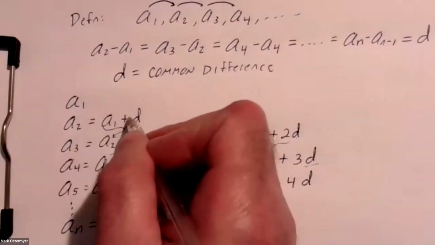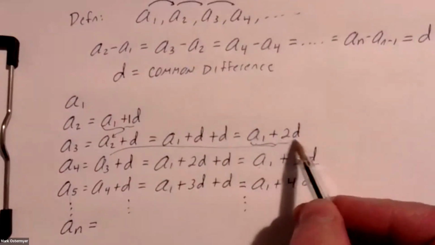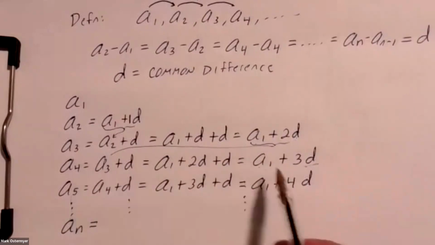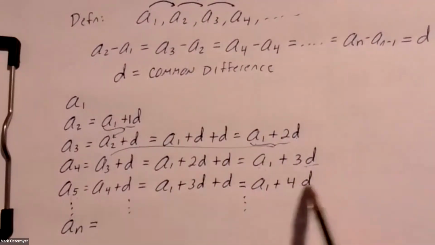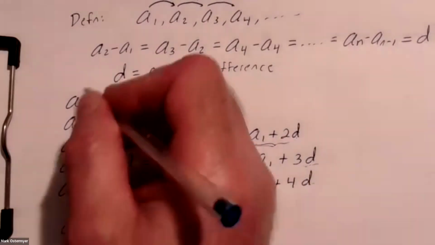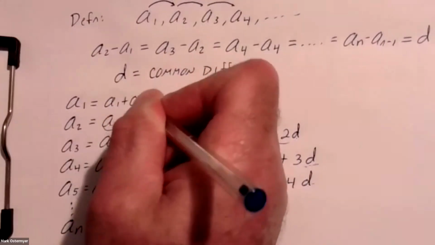In other words, the second term has me adding 1 common difference. The third term has me adding 2 common differences. The fourth term has me adding 3 common differences. The fifth term has me adding 4 common differences. Technically, the first term up here has me adding 0 common differences.